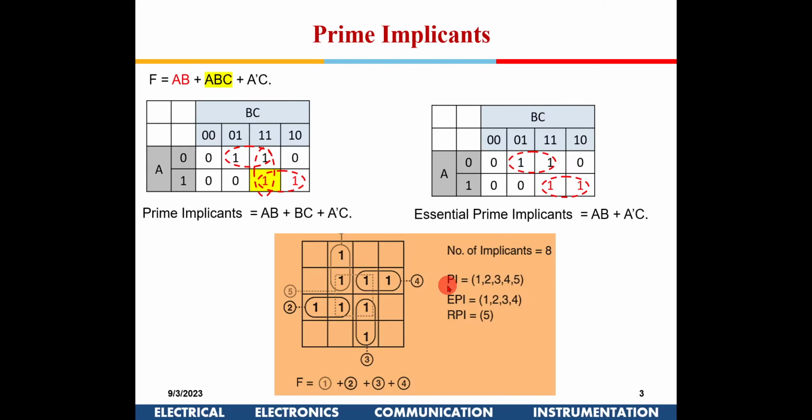Before that, there are some terms which we need to understand. What is a prime implicant? Suppose there is a Boolean function AB plus ABC plus A dash C. For AB, A is 1 and B is also 1, and C could be anything.